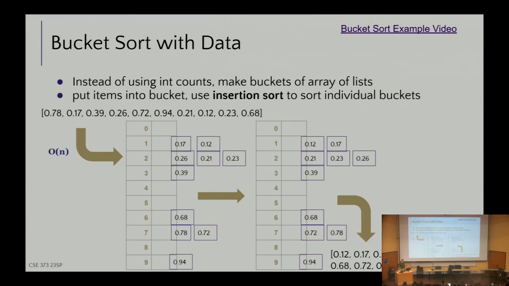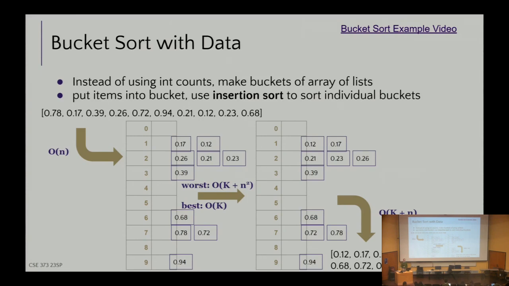So looping over your data and dumping it into buckets should take linear time. But then we have to run insertion sort on each of the buckets, which is technically a worst case scenario of K plus N squared, but a best case scenario of K, because remember the thing that's great about insertion sort is that it has a best case scenario of linear.